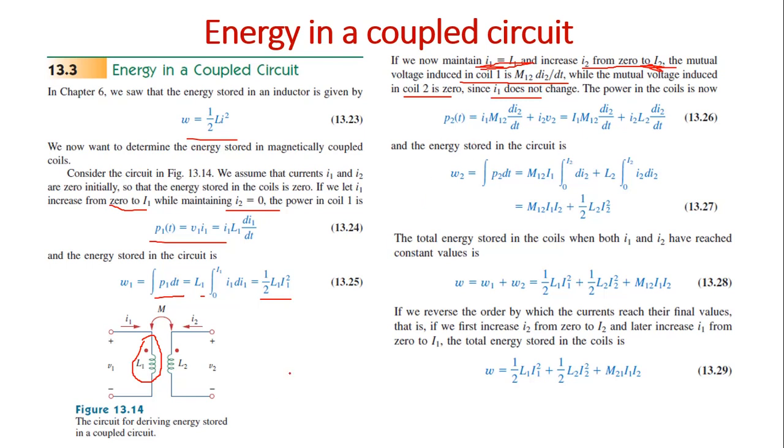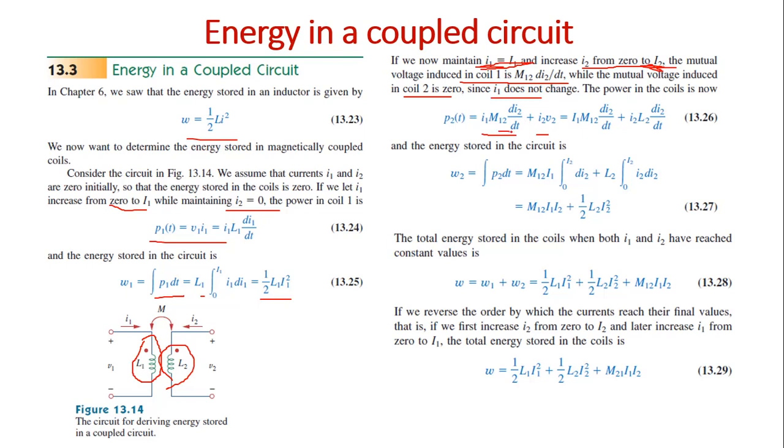So the mutual voltage in coil 2 is 0, because there was no change involved in I1. Now the power in the coils is, P2 of t is equal to I1 M12 di2 by dt plus power in coil 2, that is I2 into V2.